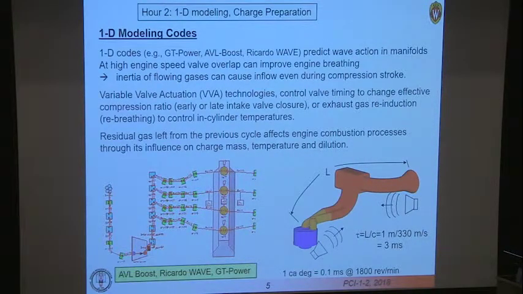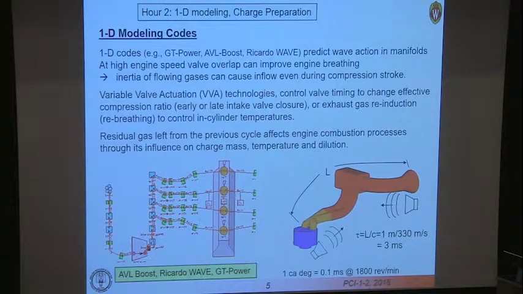So these codes are widely used and are actually extremely useful, as we'll see later, for estimating some parameters of an engine system. I should just mention that they also help you to determine how much residual gas might be left in the combustion chamber from the previous cycle because of this emptying and filling process that's simulated in the code. They allow you also to track variable valve actuation technologies, to control valve timing.